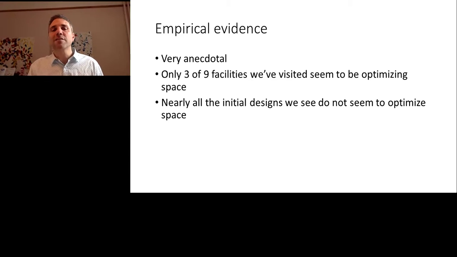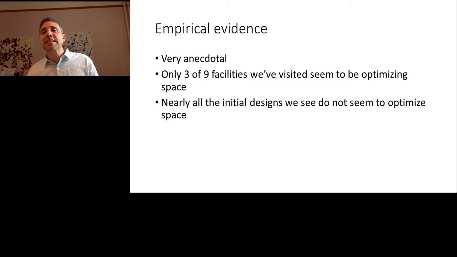But we have managed to visit about nine facilities. And it's clear that 3 of them are thinking really hard about space optimization, whereas the rest appear not to be, or they're not thinking about it very carefully. Like I said, it just appears that way from talking to them and looking at how they've set up their rooms.